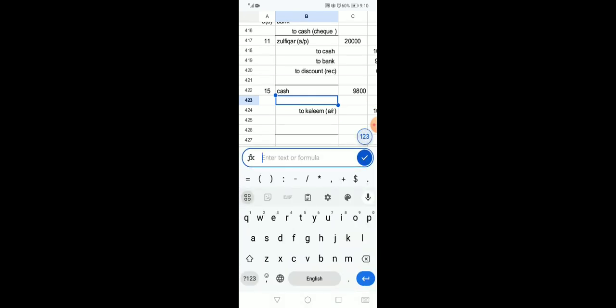This is your loss, this is your expense. When you have permitted him to pay less, it means you are allowing him a discount, and you can mention it on the debit side. Why? Because it is your expense to let your account receivable pay less. So you will receive less, it would be your expense.